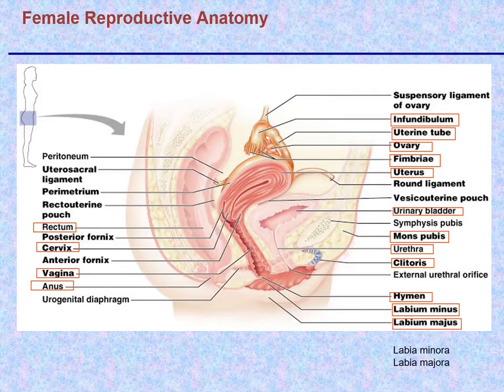And here you see a mid-sagittal section through a female, and you also see the far side uterine tube and uterus. So in terms of structure, we have the ovary here, and then we have the uterine tube right there.